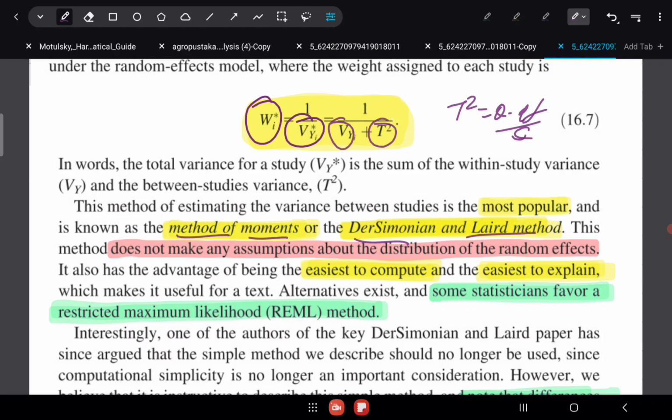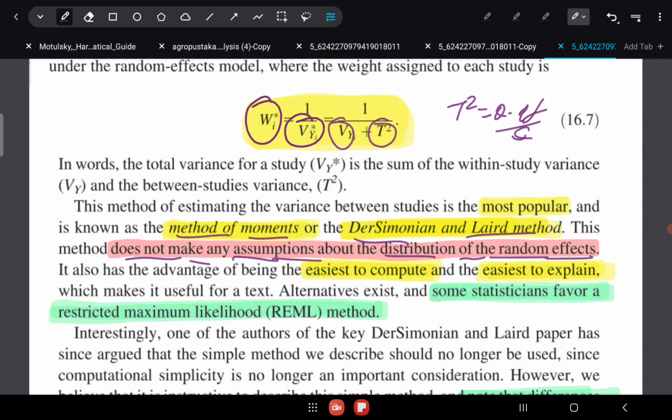This is the method that we have used in our examples of random effect modeling that we have done previously, right? But remember, with this method it does not make any assumption about the distribution of random effects.